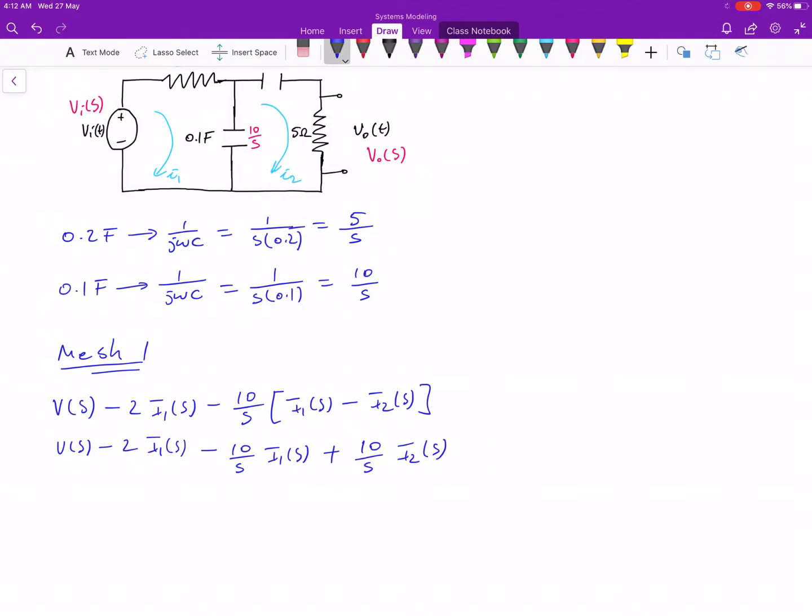And I can take the equation to the other side. This was equal to 0, because everything is on this side. I can move the terms to the other side just to get rid of the minus signs. So I have 2 I1 of s plus 10 over s I1 of s minus 10 over s I2 of s is equal to V of s.